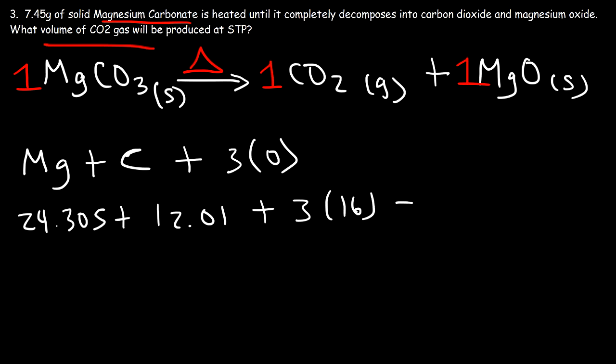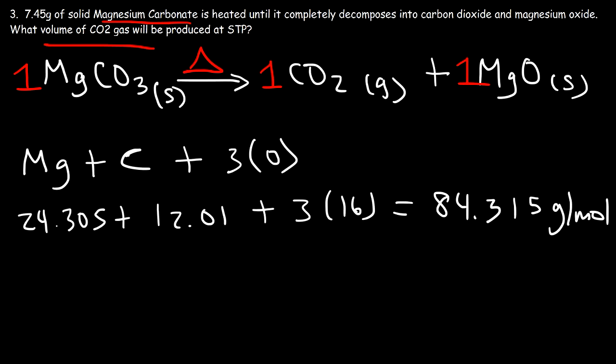So if you add it up, you should get a molar mass of 84.315. Let me make sure this is correct. Yeah. So that's it. And the units for this is grams per mole.